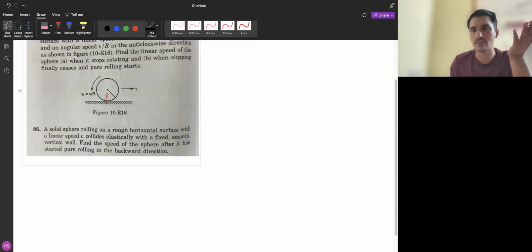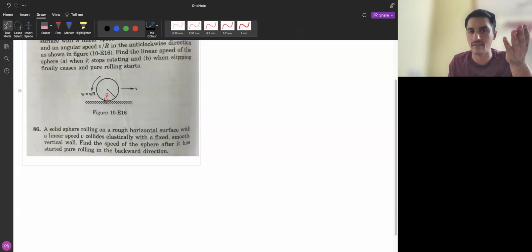Either sometimes it supports the motion or sometimes it opposes the motion, right? In that case, the friction is passing through that point. Am I right or not? So the torque produced due to friction is equal to 0, because it is passing through the axis of rotation itself. So with respect to point P, there is no torque acting on it.